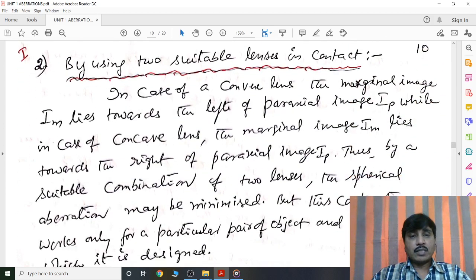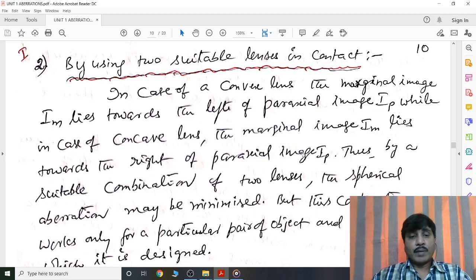The second method is by using two suitable lenses in contact. In case of convex lens, the spherical aberration is positive, while in case of concave lens, the spherical aberration is negative. That means in case of convex lens, the marginal image IM lies towards the left of the paraxial image IP, while in case of concave lens, the marginal image IM lies towards the right of the paraxial image IP.